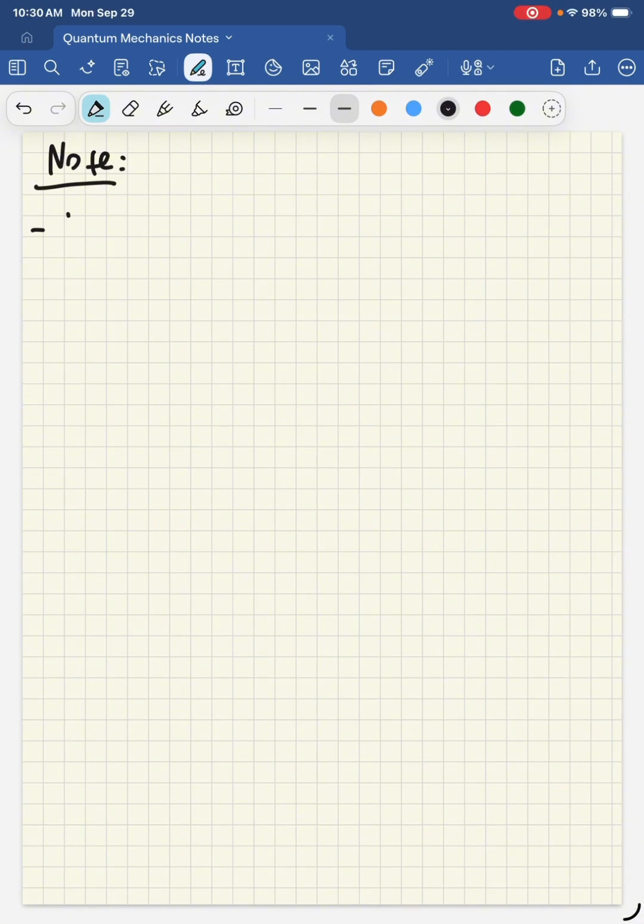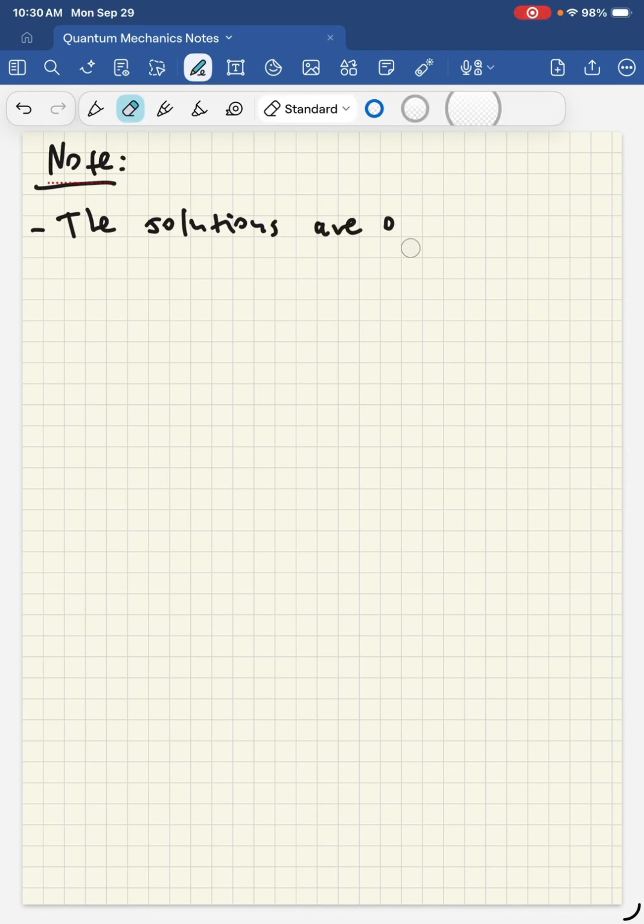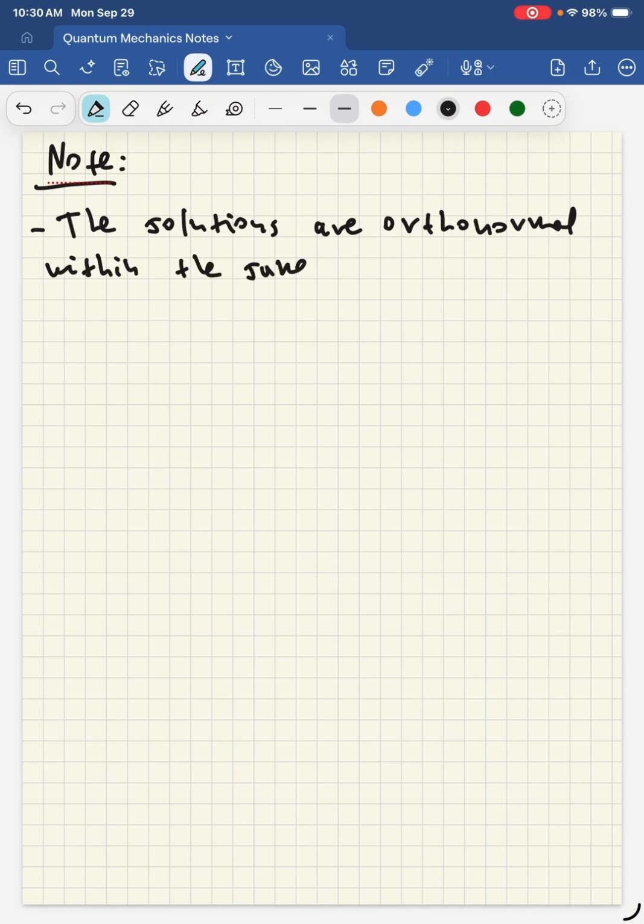So the solutions are orthonormal within the same lambda.